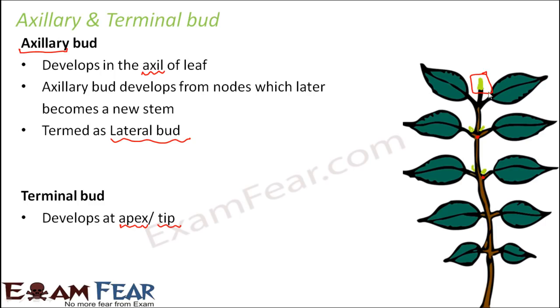But this is the apex of the stem. So that is why terminal bud is also known as apical bud because it is present at the apex of the stem. Now whenever we use these terms axillary buds and terminal buds, you should not get confused, and that is why it is a kind of prerequisite to understand this chapter, so that whenever I use these terms you are clear with what they are.